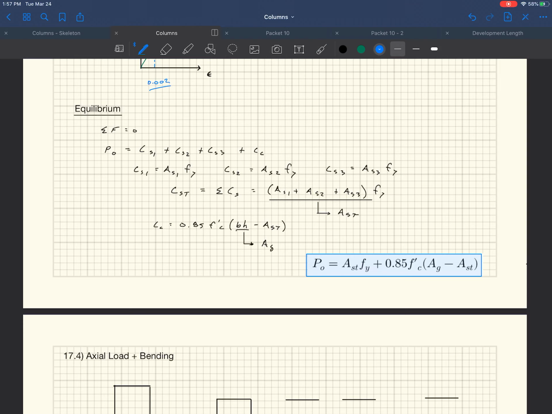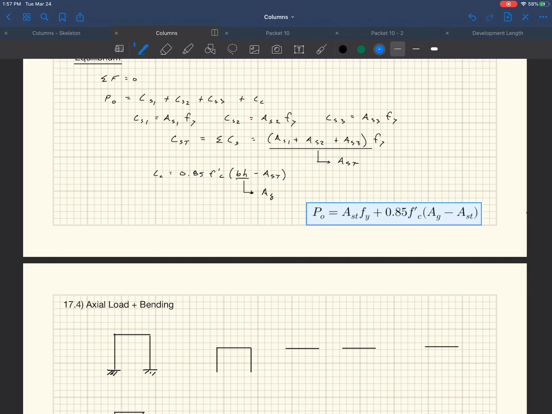Pretty straightforward, right? Especially compared to what we had to do for calculating the capacity of beams. This isn't it yet, right? This is close to Pn in ACI. It's not quite what the nominal capacity of a column is in ACI. There's some modifications to that equation, but it's pretty dang close.